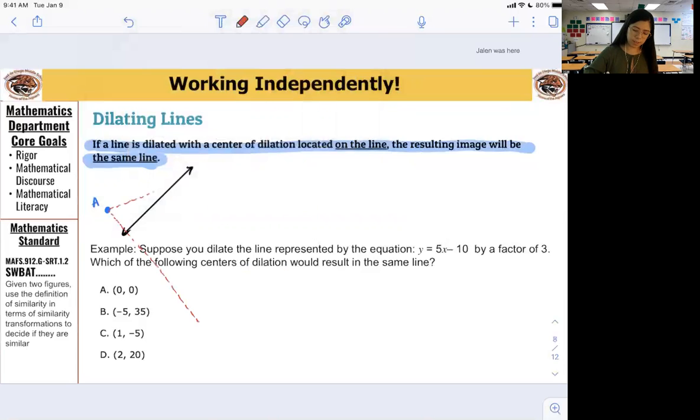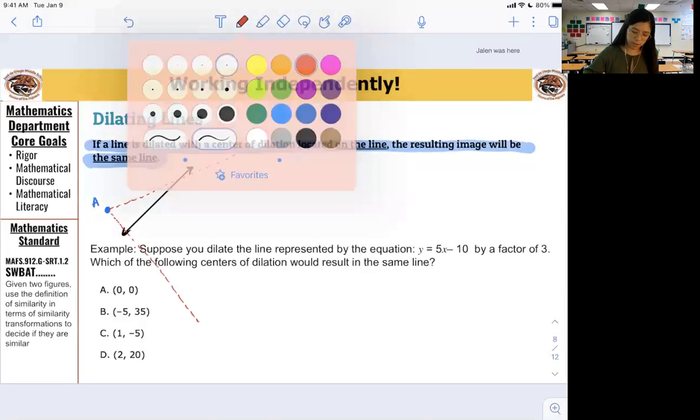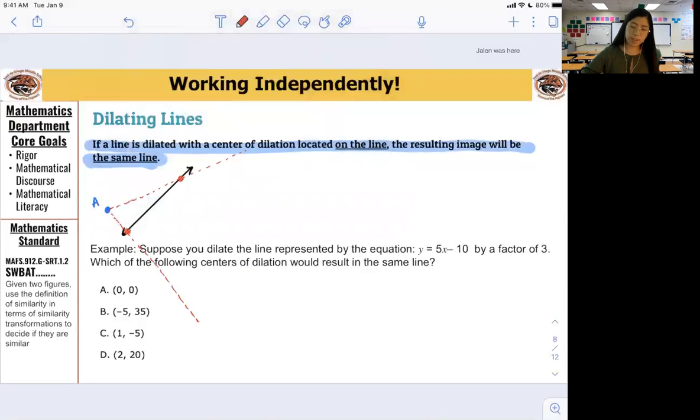So if I have this connecting point, then anytime I dilate it, it's going to end up somewhere along this line. So if I dilate the line that I started with, let's call this L, I'm going to get a brand new line. It'll be somewhere like here.